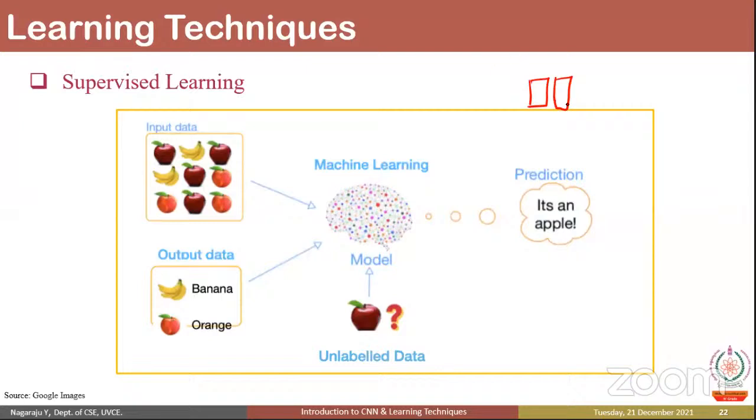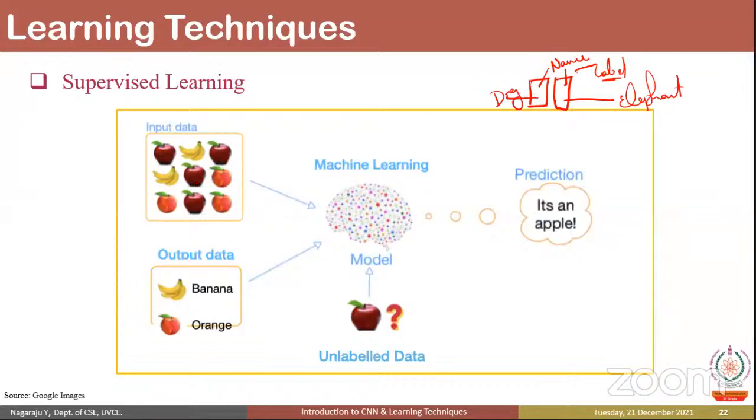That means we have a card and a name for it, so a label is present. We show the baby this card and tell it, for example, this is a dog, and this flashcard is an elephant.